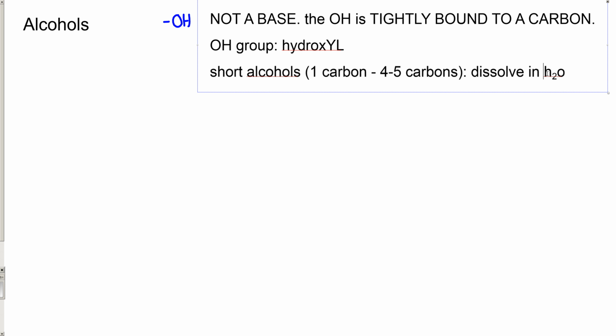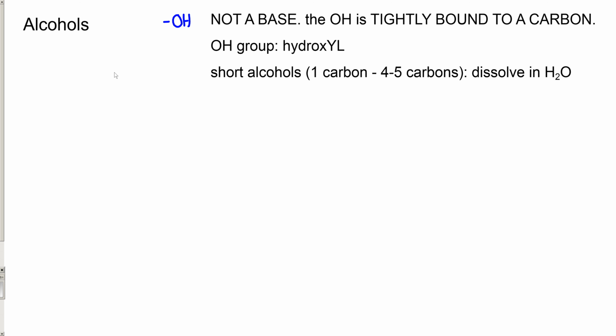I should probably capitalize the H though, and the O. Boom. Well, that did not work. Let's fix that. Boom. There we go. Beautiful. So if you have a 1 carbon alcohol all the way up to around a 4 or a 5, they dissolve in water. Once they're longer than that, they're not very soluble in water.